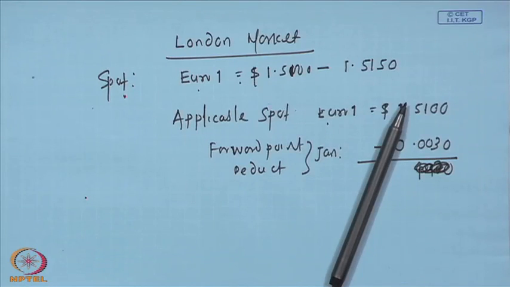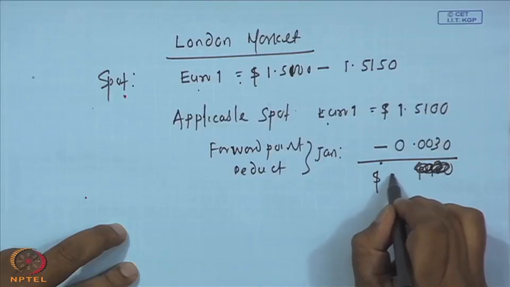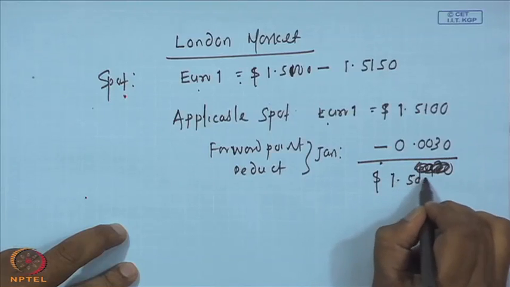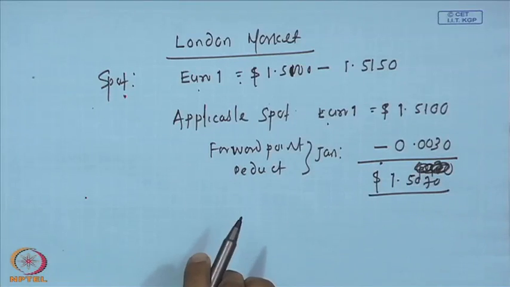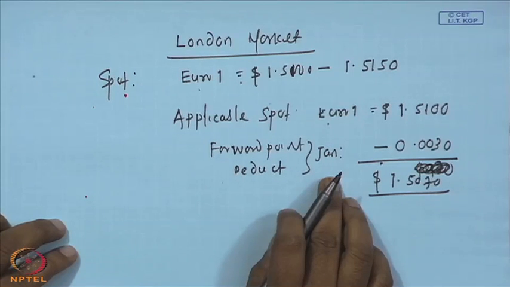So, I have to get 1.5100 minus 0.0030. So, I am getting the dollar rate, which will be 1.5070. The dollar rate will be 1.5170 for the month of January 2013.